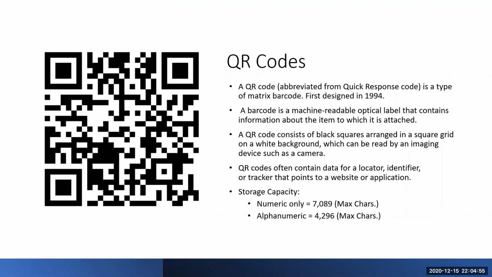So first of all, trying to understand what QR codes are. As a definition, QR code is an abbreviated form of quick response code, and these are a type of matrix barcodes. I'm sure you must be familiar with barcodes.